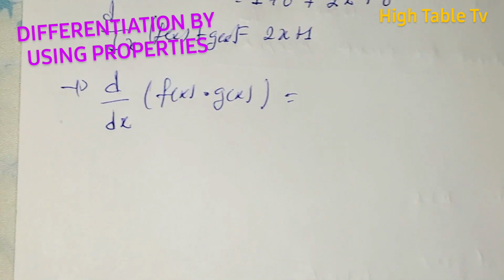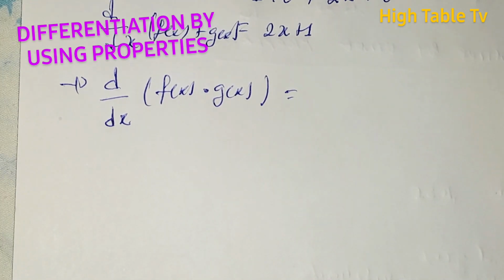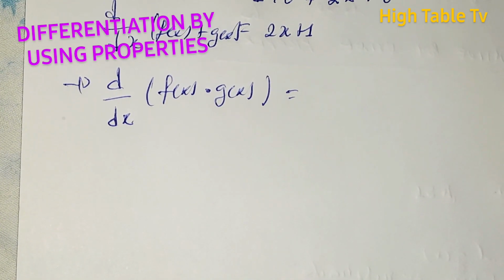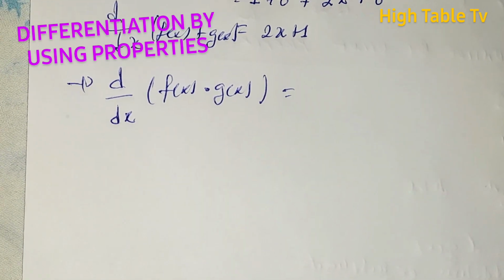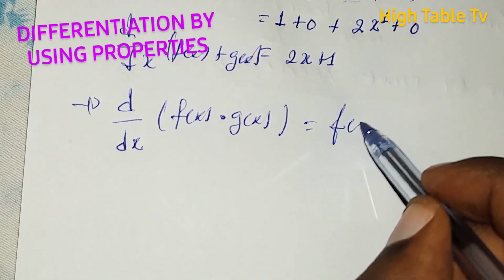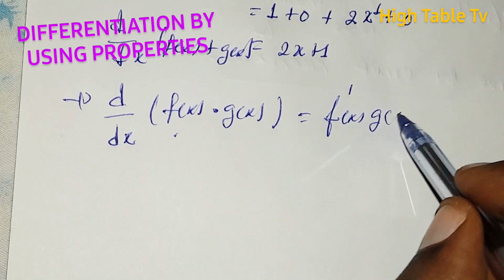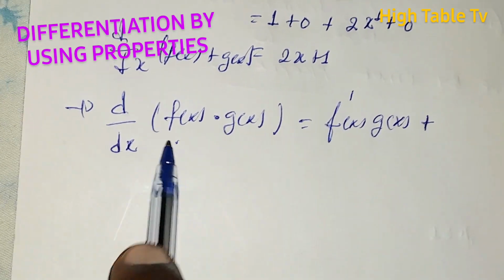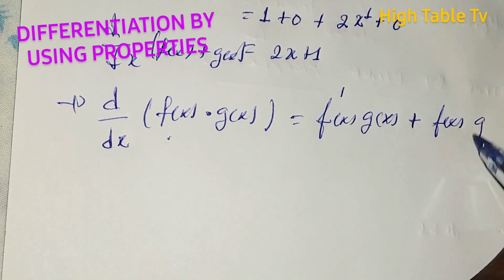So for the introduction, we will just continue, and then we can talk about it in full when we work with these two functions f(x) and g(x). We see that if you have two functions, you have the derivative of f(x) for the first function, times g(x) non-derivative, then plus, because we have the multiplication, f(x) non-derivative times the derivative of g(x).